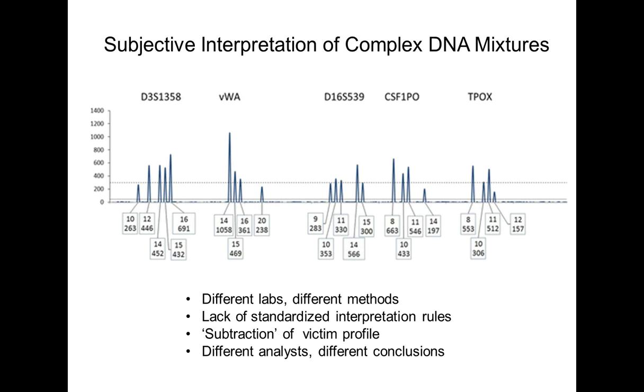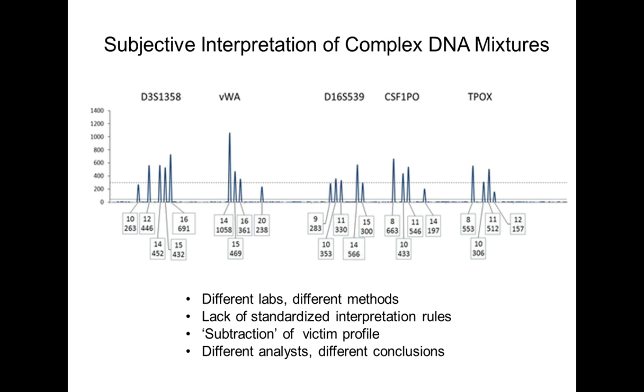And then part of this statewide audit was to take complex DNA mixture cases from various labs across the state of Texas and make copies of the DNA mixtures that were used in those trials, disseminate those out to several different highly qualified DNA analysts and ask them to independently review and interpret the mixtures.